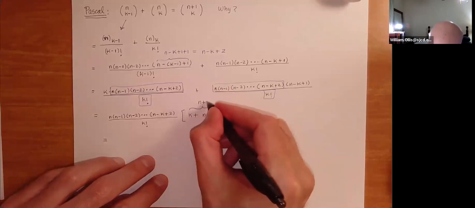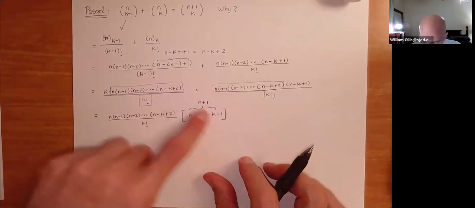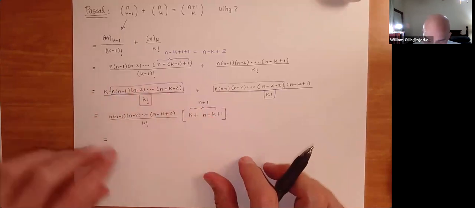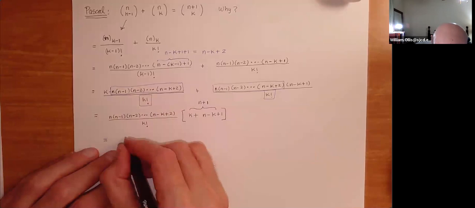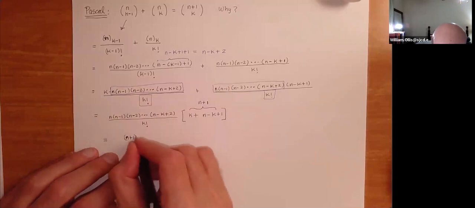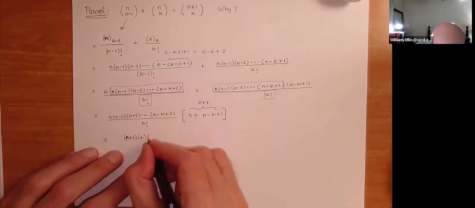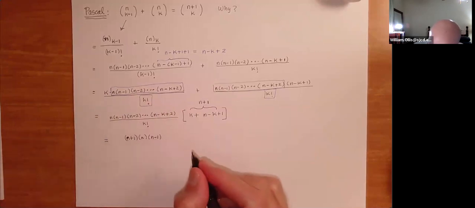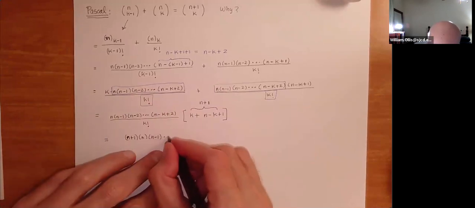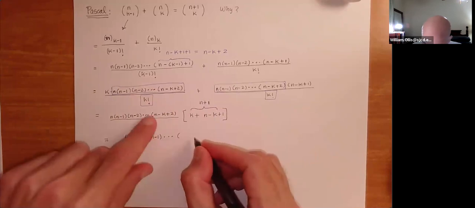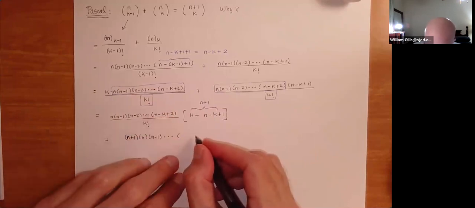n plus 1. Now the n plus 1 can just be moved up to the front, and we've got it. So now we've got n plus 1, n minus 1. I won't have to write so many factors now, you see the point. And then, of course, I'll just write the n plus 1 barring one of those 2's there.